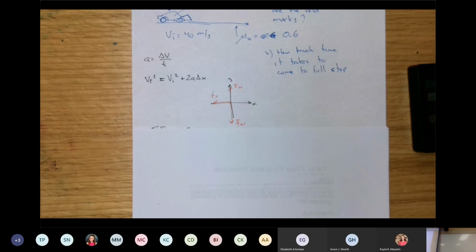You can do that, but you also need to find a way to get the acceleration. So in the acceleration, this is correct. The friction force has to equal mass times acceleration.